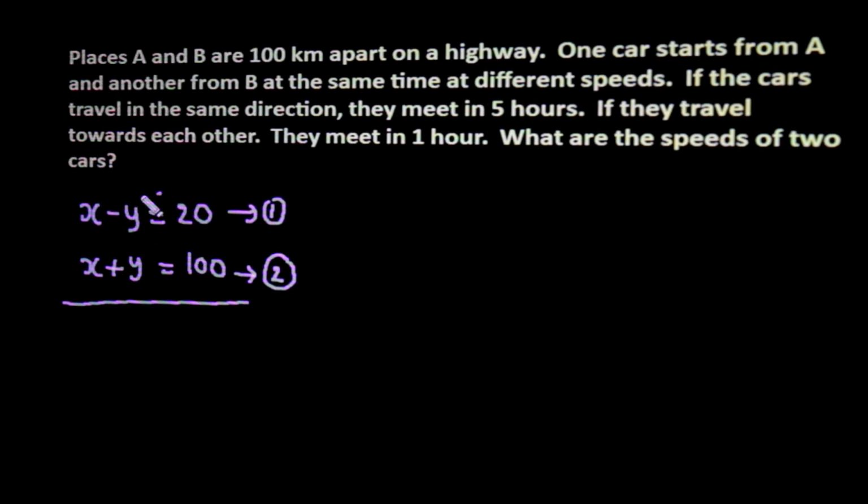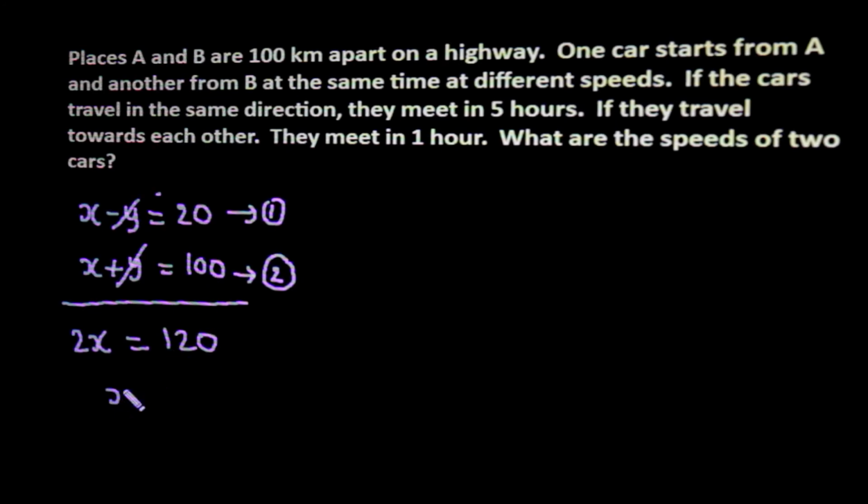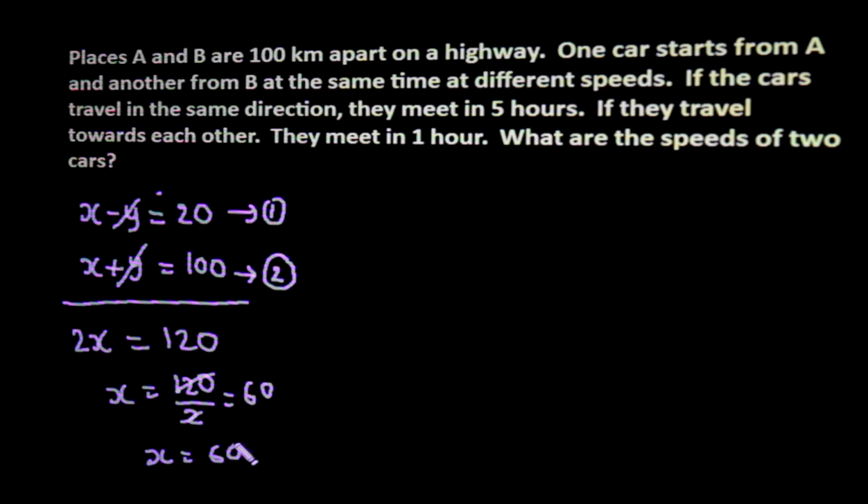Adding these two, minus y plus y get cancelled. 2x is equal to 120, 100 plus 20. x will be 120 divided by 2, which is 60. x is equal to 60.